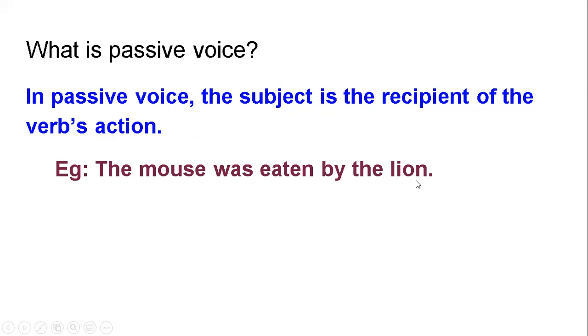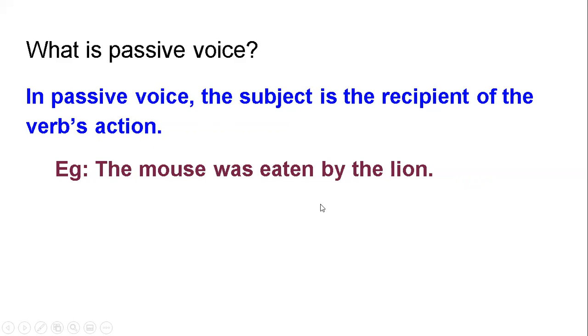And now I've put lion last in the sentence and I've put mouse first in the sentence. So the subject, which is the lion, is receiving the action. What action? Being eaten. Okay? The mouse was eaten by the lion.